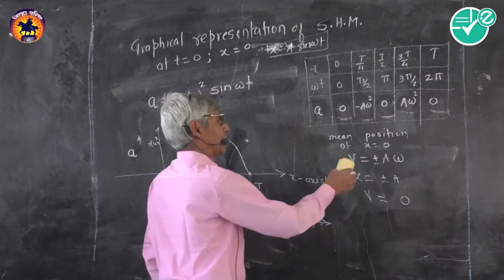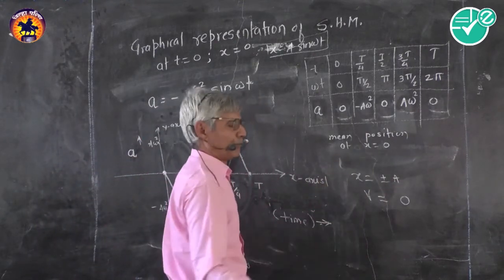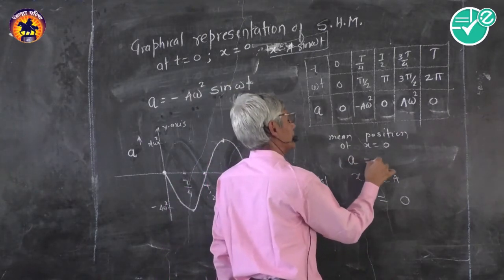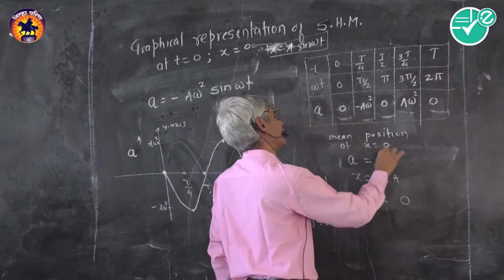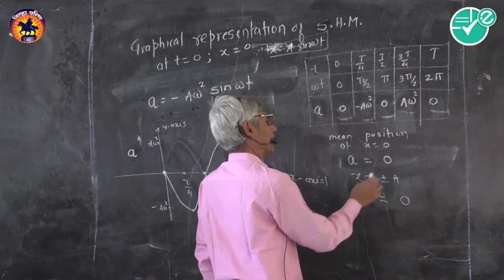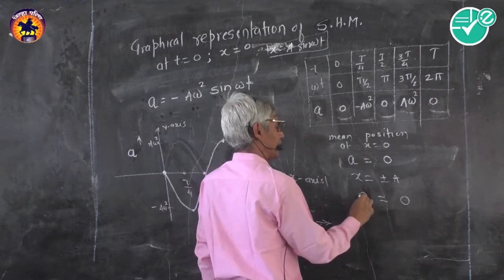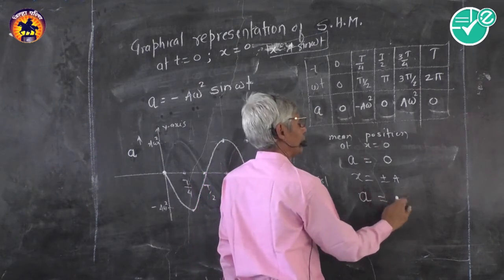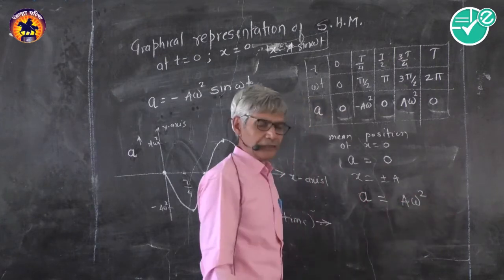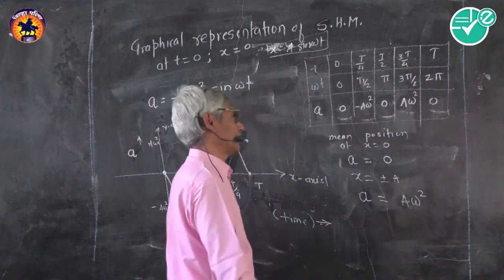So we can conclude that at the mean position, that is at x equal to 0, acceleration will have the minimum value and it is equal to 0. At x is equal to plus or minus a, that is at either extreme position, acceleration will be equal to a omega square in magnitude, that is the maximum value of the acceleration.